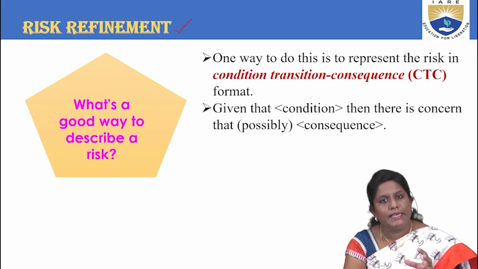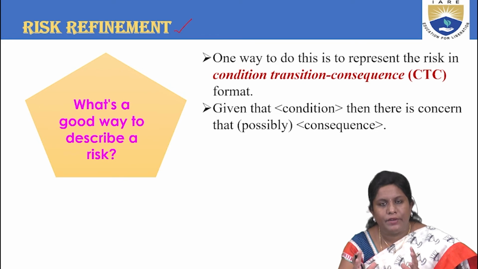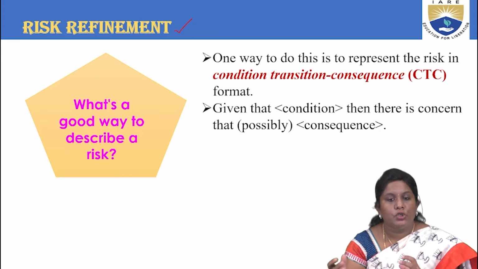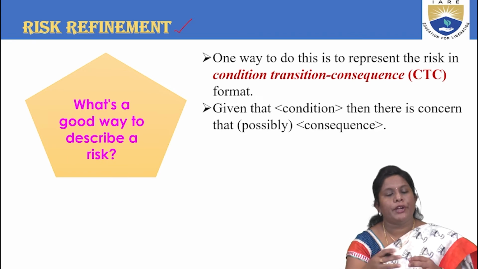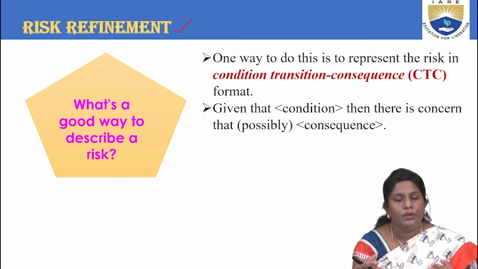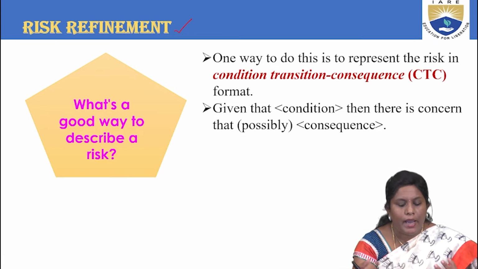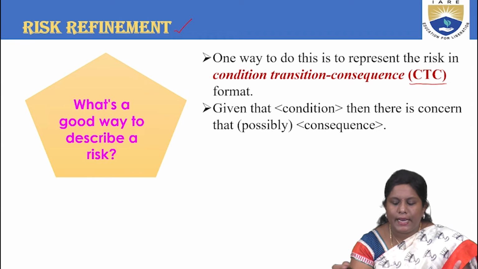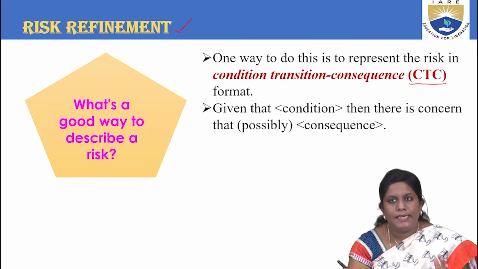From the existing things, say I have drawn something completely on 10 sheets, out of which the 11th sheet is my final one. So out of 10 different risks or things that have been executed, you're trying to bring something new out of it. That is, you're trying to refine it. Okay, how can you refine it? You can refine using this CTC format, which says condition, transition, consequence.